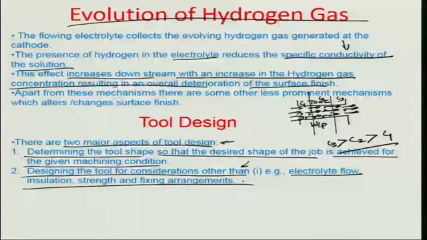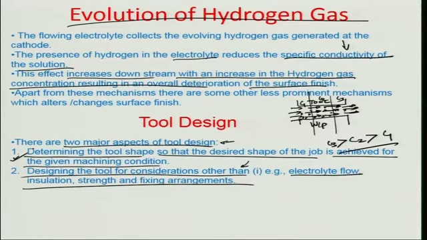I had shown various reasons of why surface finish can be jeopardized because of many processes like selective breakdown, selective dissolution, or sporadic breakdown of the anodic film, or hydrogen gas accumulation and change in specific conductivity, or eddies or vortices or flow separation, which results in all sorts of surface finish problems. We will first look at the first condition, which is determining the tool shape so that the desired shape of the job can be achieved.